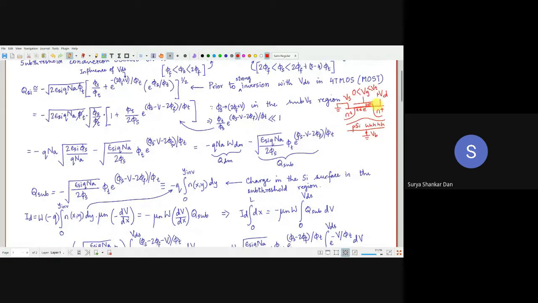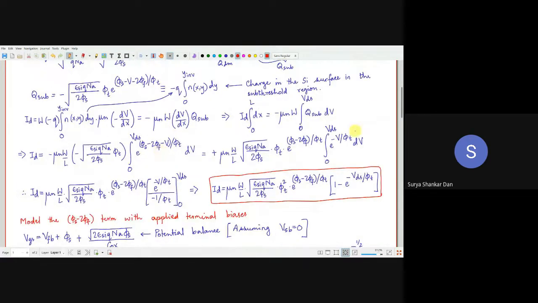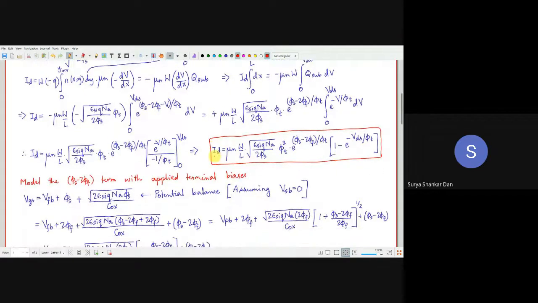That is the lateral field. Then I carried out this integration. I'm not going into all those details here. Finally, we reached this expression by solving this integral. Once we have this, there are some interesting things here.